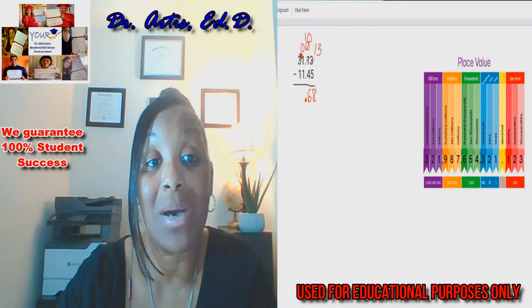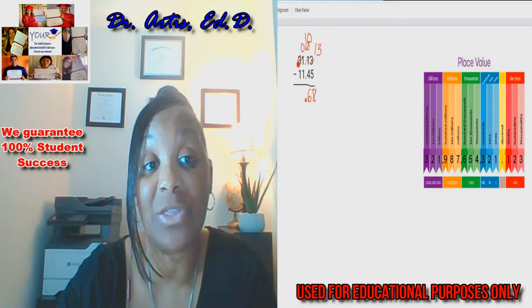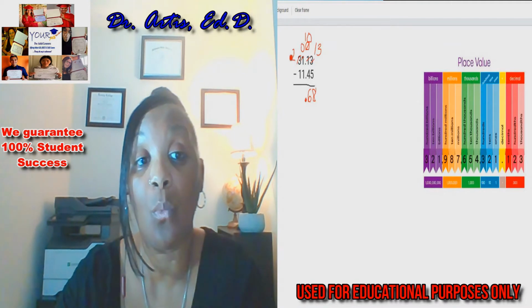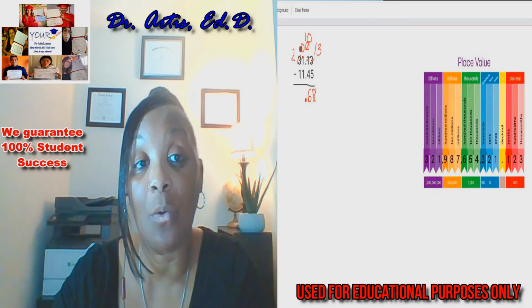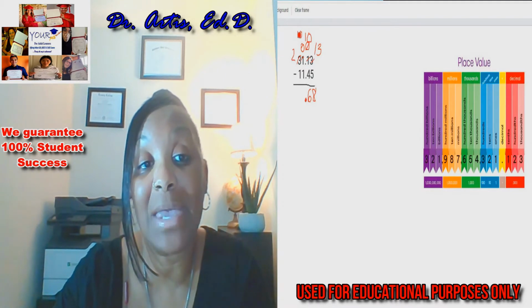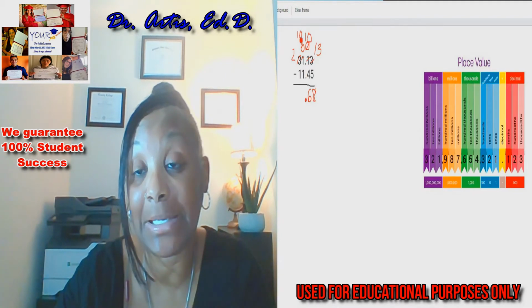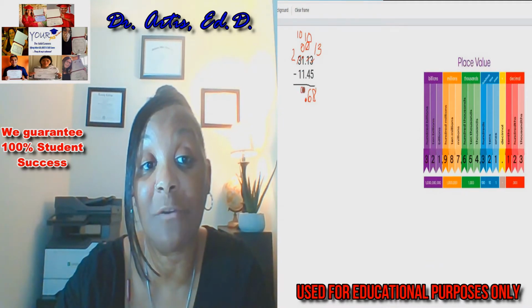We're going to borrow a 10 from the tens column. This 3 will now become a 2 because we're going to borrow 1 from that number here. This 0 becomes a 10 because we borrowed from it. So now we can subtract 1 from 10 because 10 is a larger number than 1. So this becomes 9 when we subtract 1 from 10.